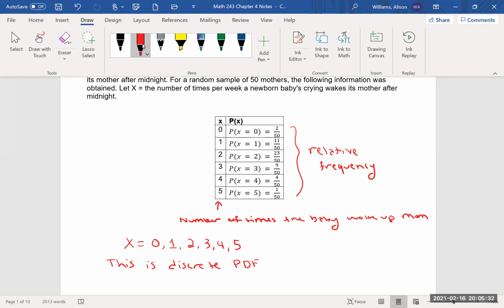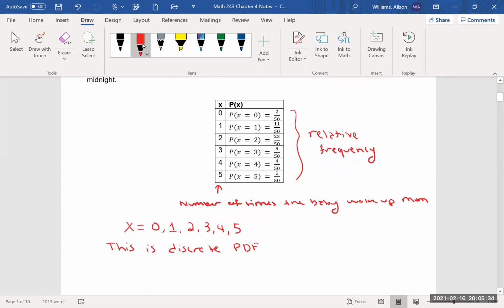Because number one, all of the probabilities are between 0 and 1. And number two, if we added all of these up, the 2 plus 11 plus 23 plus 9 plus 4 plus 1, that totals up to 50 out of 50, which is 1.